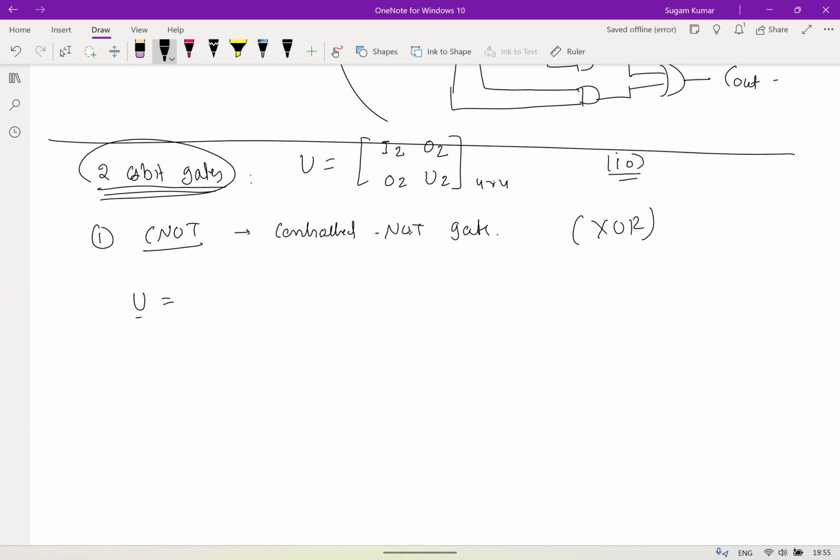In the case of CNOT, this is going to be I2, O2, O2, and here it will be a NOT.